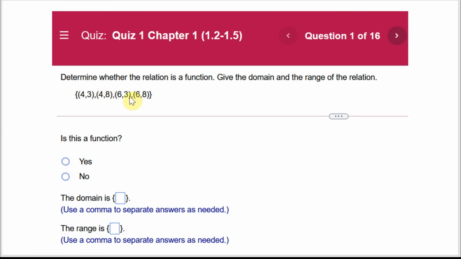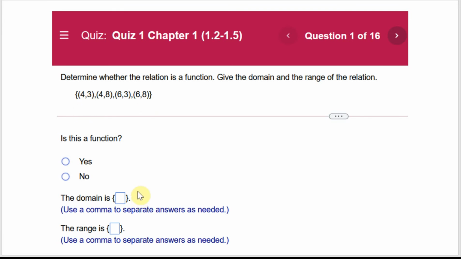You can stop there and say no. But even these two are not good, right? Because you got 6 going to 3, and then you got 6 going to 8. And so a function is a relation of ordered pairs where no two ordered pairs have the same first coordinate or component.